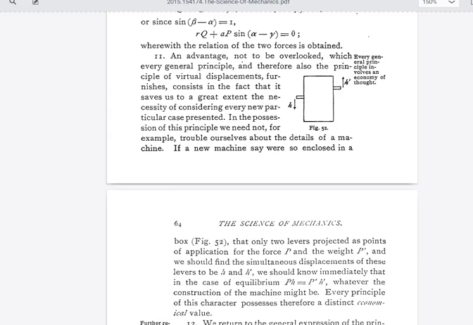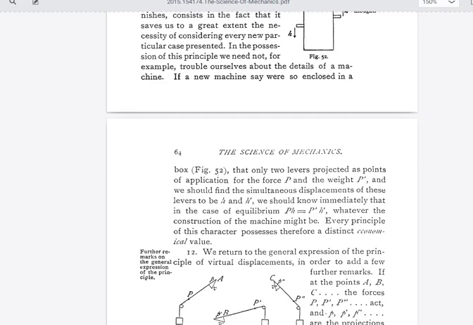If a new machine, say, were so enclosed in a box, figure 52, that only two levers projected as points of application for the force P and the weight P′, and we should find the simultaneous displacements of these levers to be h and h′, we should know immediately that in the case of equilibrium, Ph = P′h′, whatever the construction of the machine might be. Every principle of this character possesses therefore a distinct economical value.